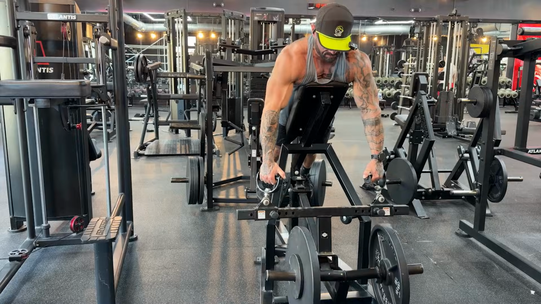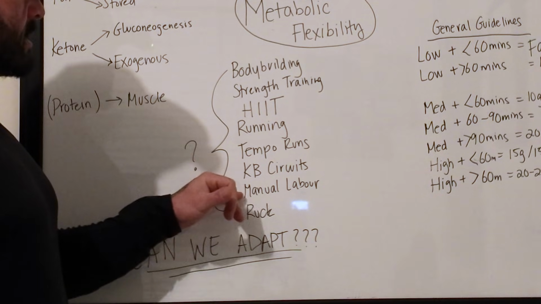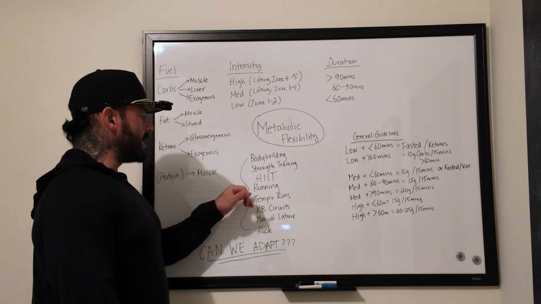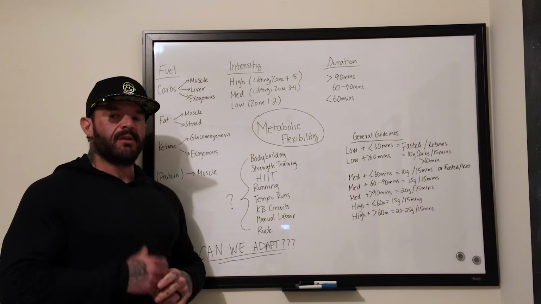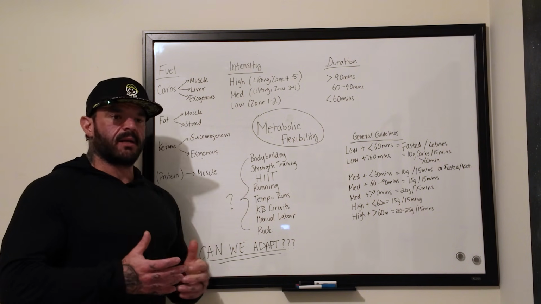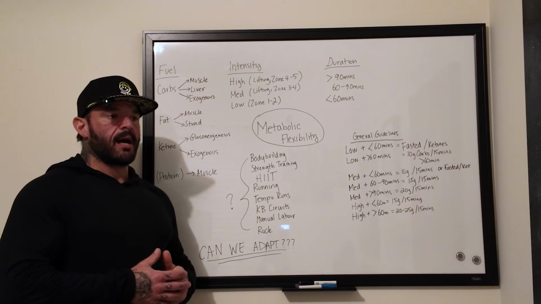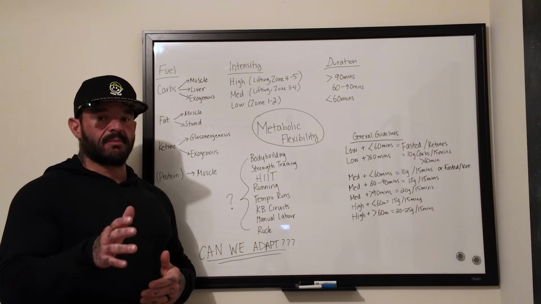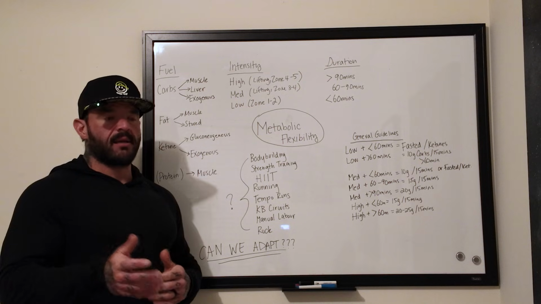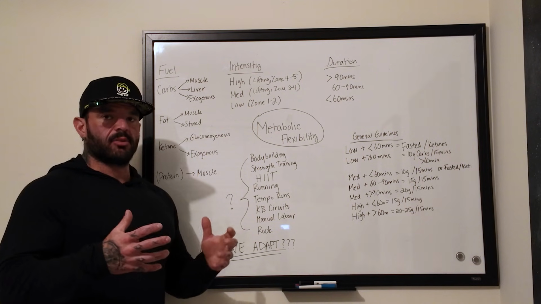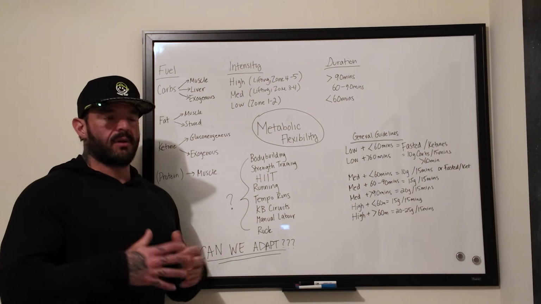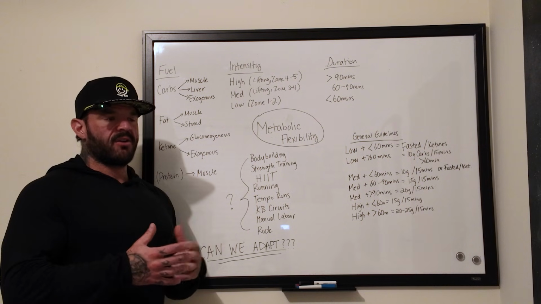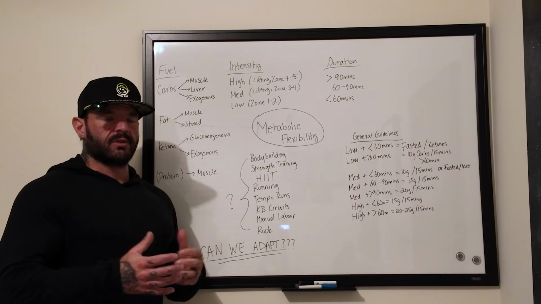I'm going to make sure that I do have carbohydrates in me while I do those exercises because they are of higher intensities. Things like the kettlebell circuit, the manual labor, the ruck, some of my easier runs, I may do those fasted, depending on the time of day they get done, or depending on the session that I'm doing afterwards or the next day. So it's all considered within the global plan of I'm training for performance, but I also want to be able to switch between fuel sources.